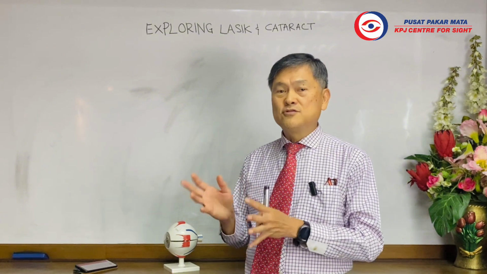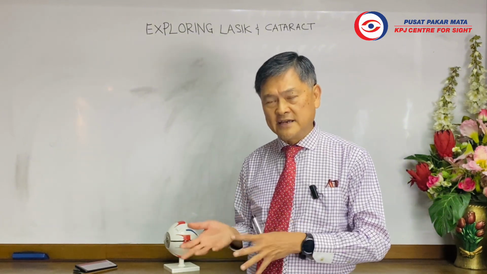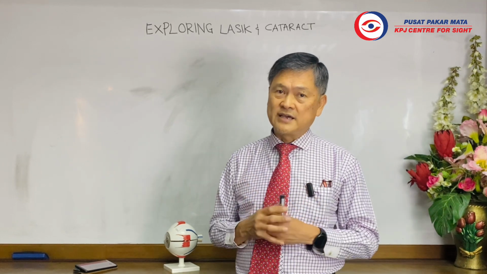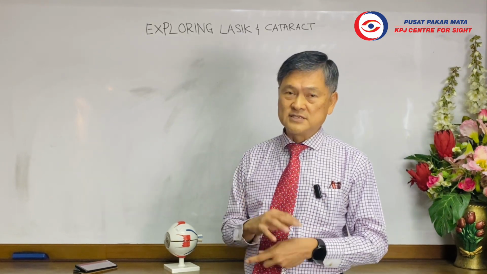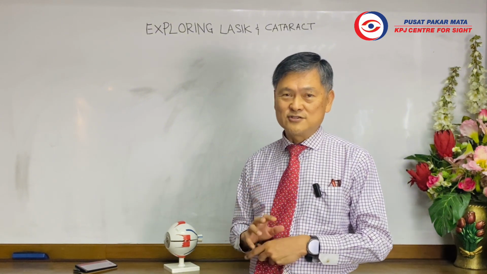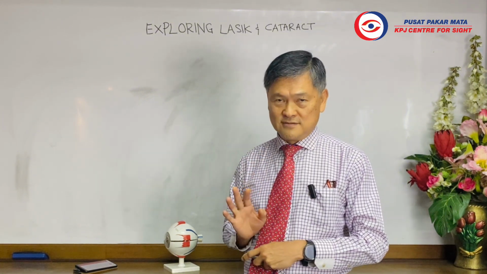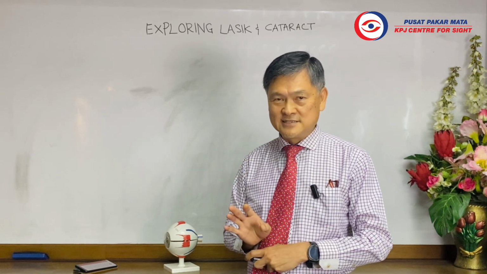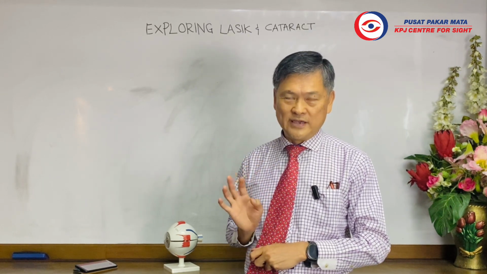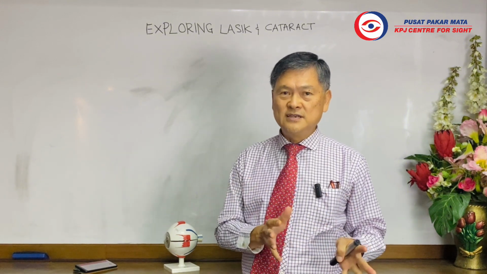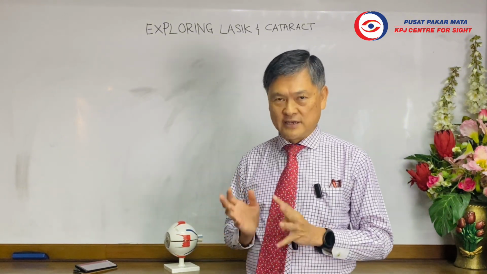Okay, but back to normal means for those who have no dry eye, after 6 months, likely they have no dry eye. But for those who already have dry eye to begin with, before the surgery, they will still continue to have dry eye. Okay, because the laser correction is to improve the vision. Okay, it is to make the patient able to see well without optical aids. It's not to help in any other way. So that means if the patient has dry eye before the surgery, after the surgery they will still have dry eye.